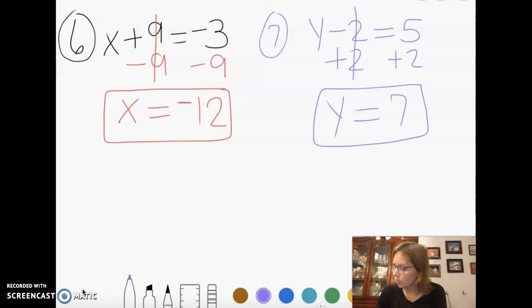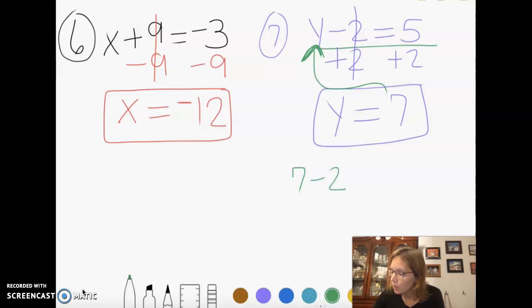All right, let me show you something real quick. Let me show you how to check your equation to make sure you got the right answer. So what I do to check my equation is I take this number that I got for my answer and I plug it in for y here in the original problem. So I would have 7 and then just bring down the rest of that original problem. -2 = 5.